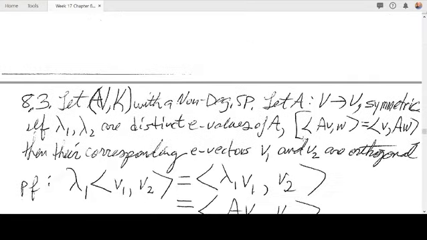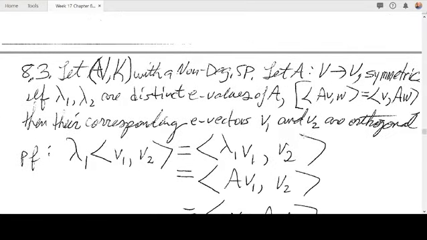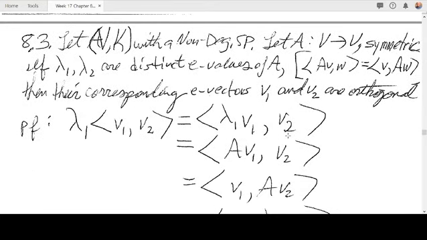Next we find, again, let's consider our vector space V over K with a non-degenerate scalar product, and let A be a symmetric operator.